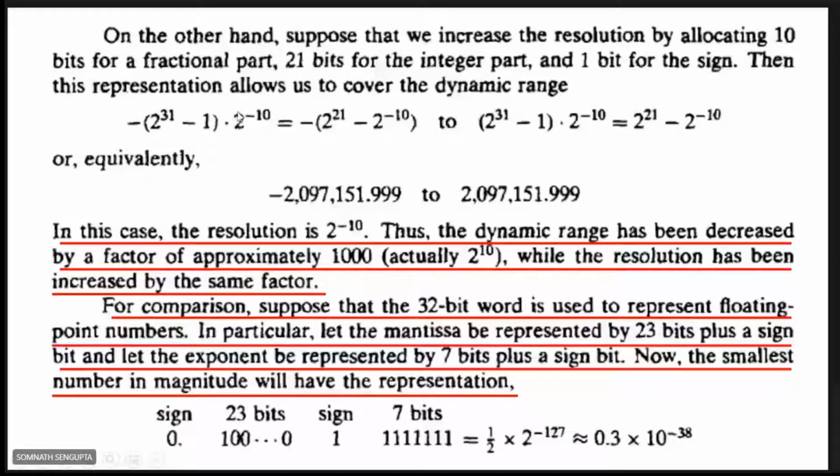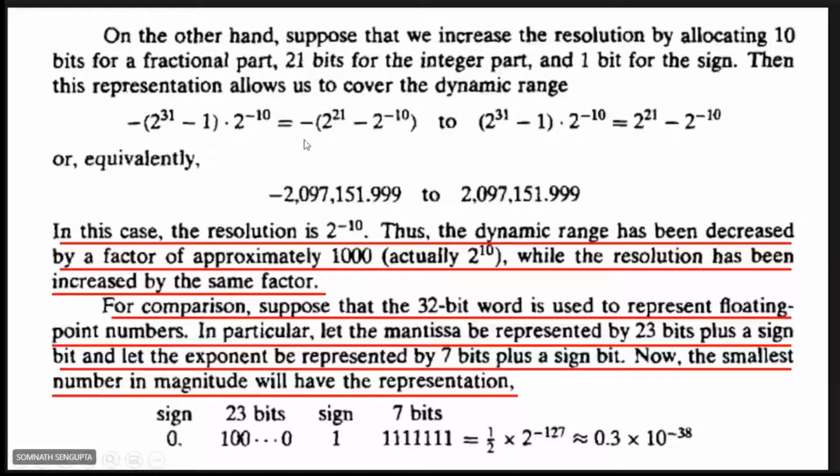Because 10 bits are for the fraction, we are not using all 31 bits as integer magnitude; out of 31, we use 10 bits for the fraction and 21 bits for the integer.